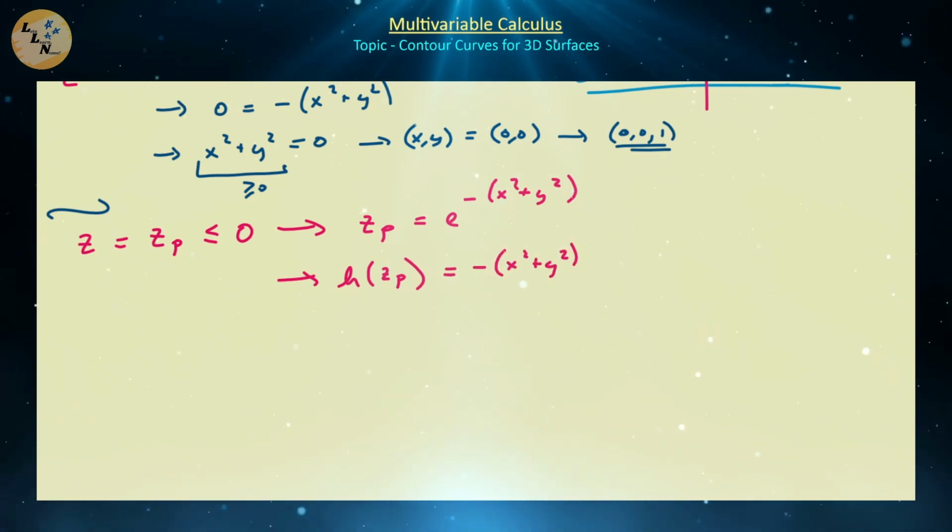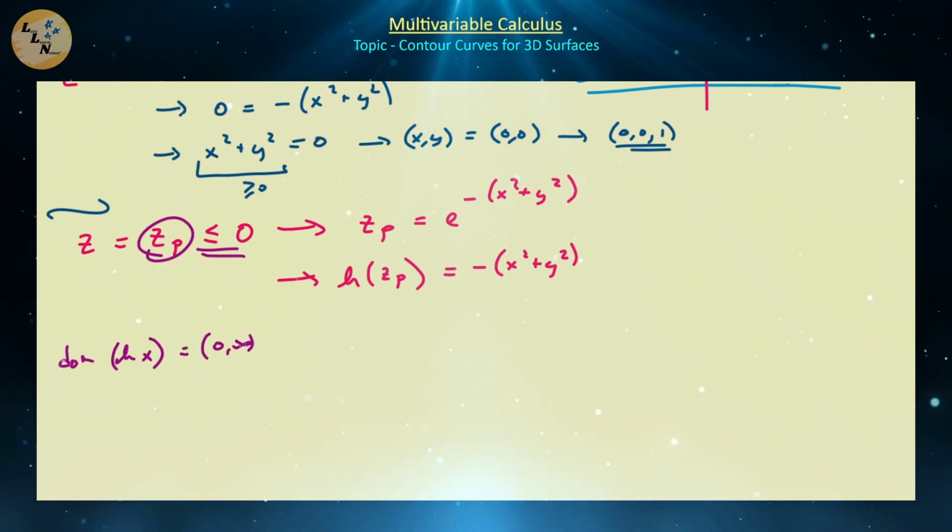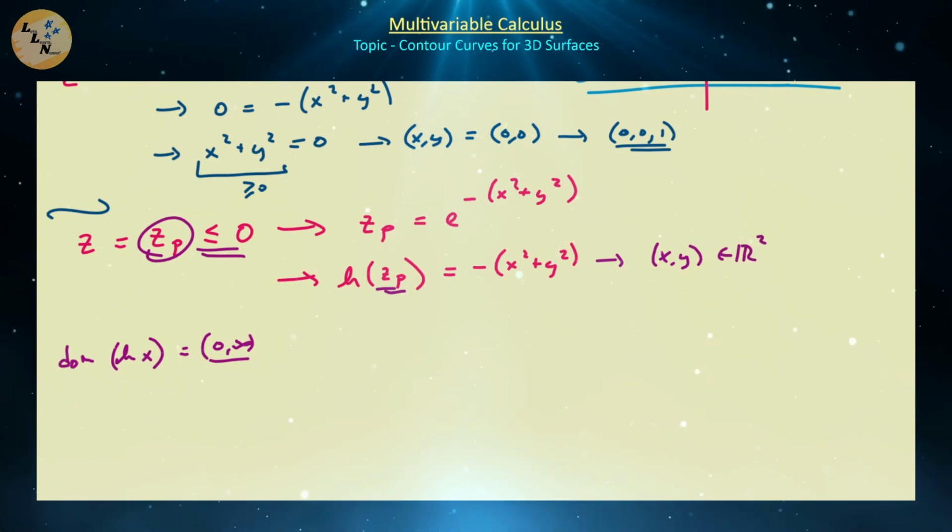Now keep in mind we're assuming that z_p is less than or equal to 0, and the domain of the natural log of x function is the interval 0 to infinity. Otherwise it's undefined, right? Since z_p is in the complement of the domain of the natural log, there is no solution. That means x, y does not belong to the cross product of R and R, so there's no solution that makes this true.